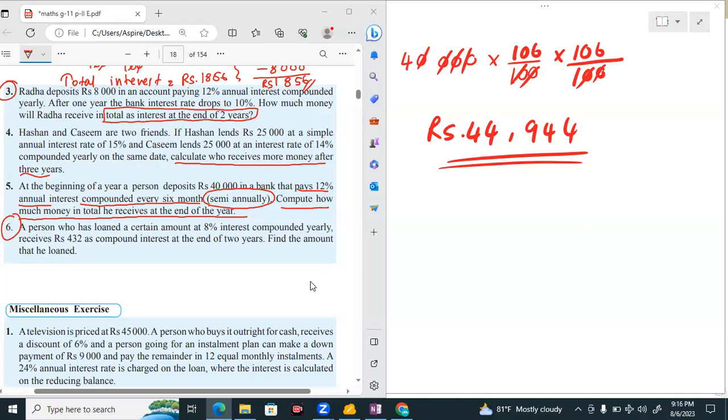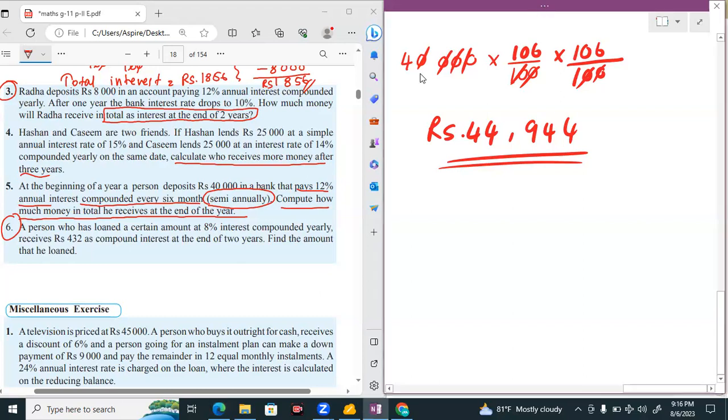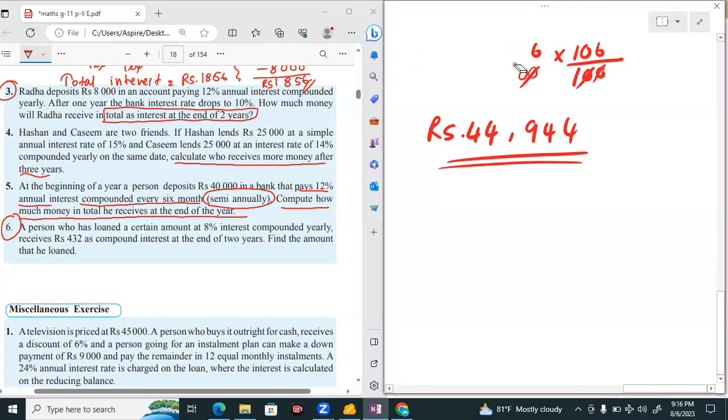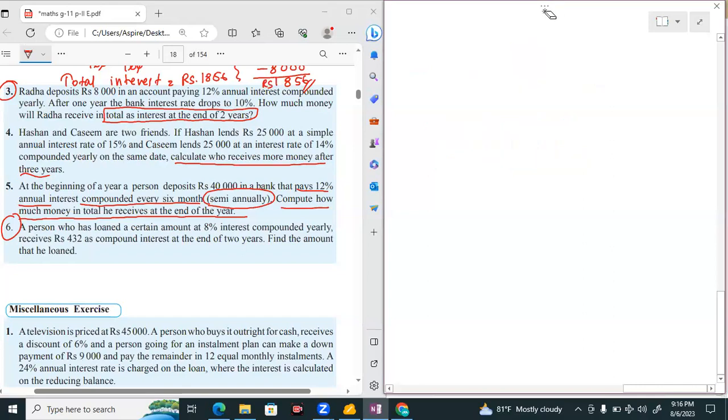Find the amount that he loaned. The loan amount is what they are asking from us. What they have given is the total interest received at the end of the 2 years.